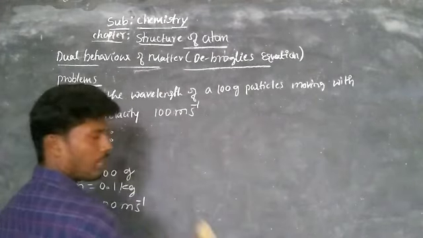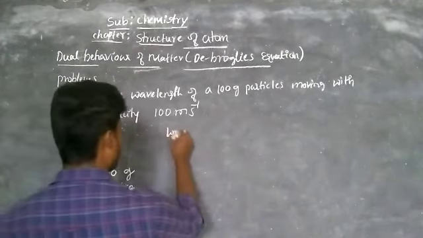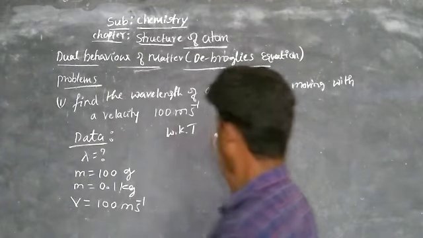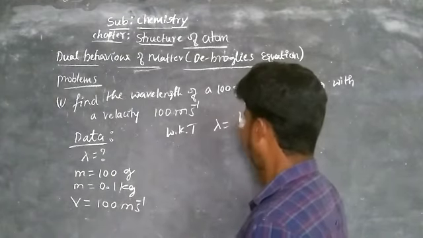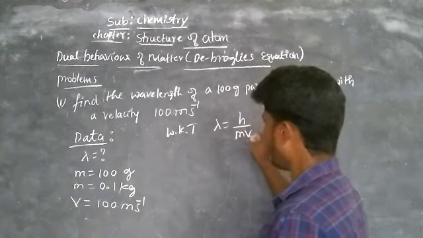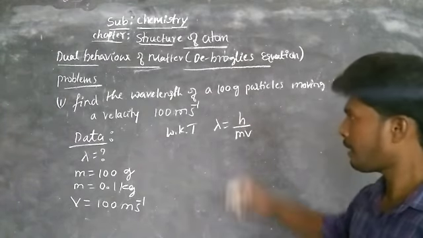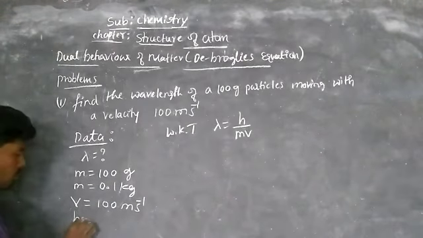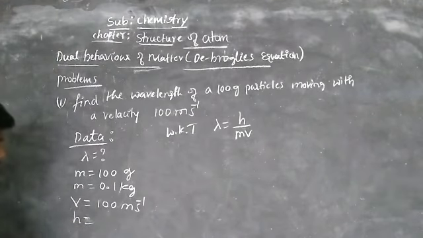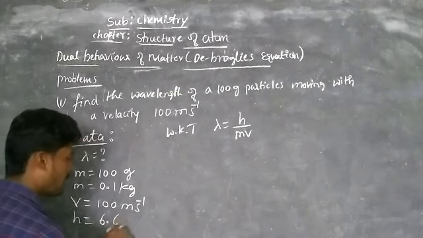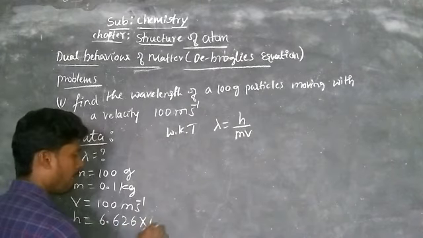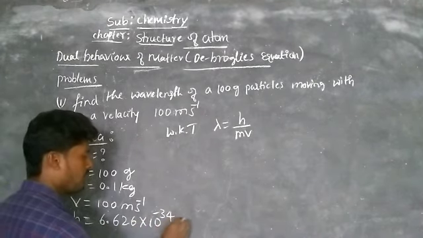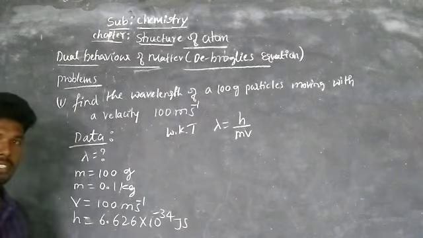Now put in de Broglie's equation. We know that lambda is equal to h divided by m into v. Here h is Planck's constant. Its value is h is equal to 6.626 into 10 power minus 34 joule second.